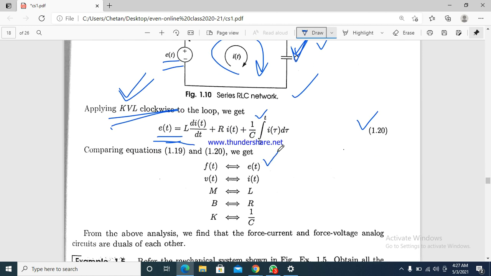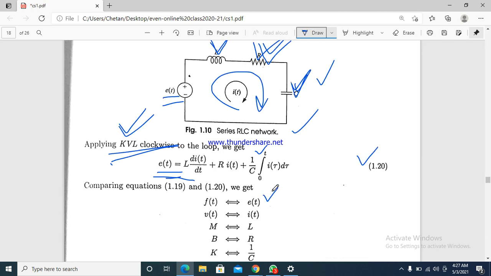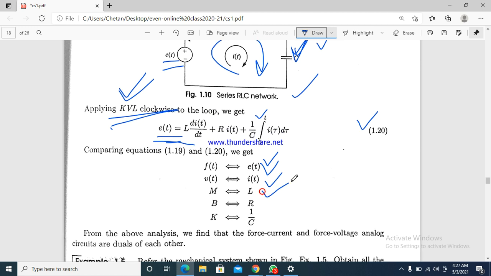F of t is like E of t. V of t is like I of t. M is like L. B is like R. K is like 1 by C. From the above analysis, we find that force current and force voltage analogous circuits are dual of each other.